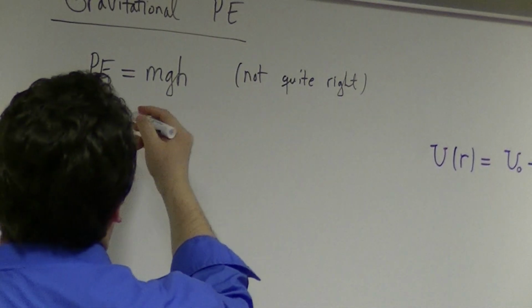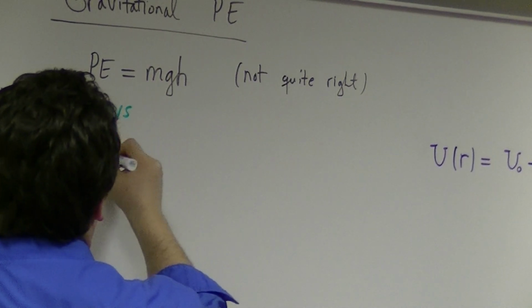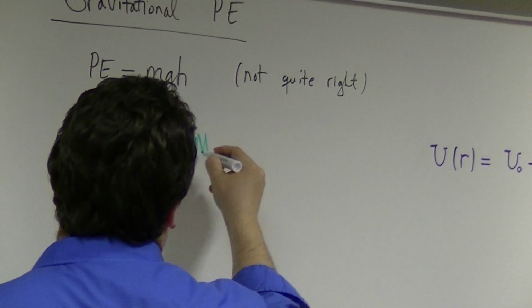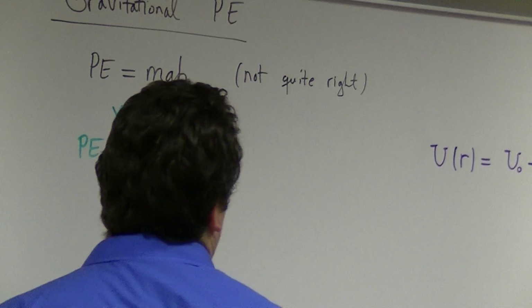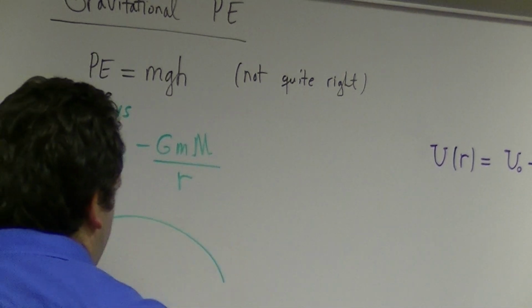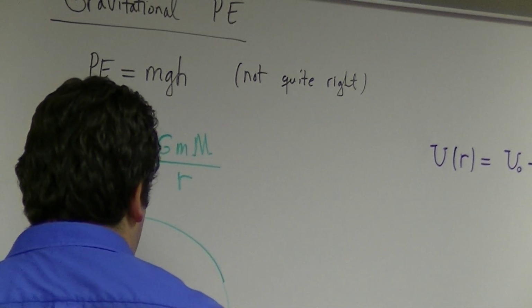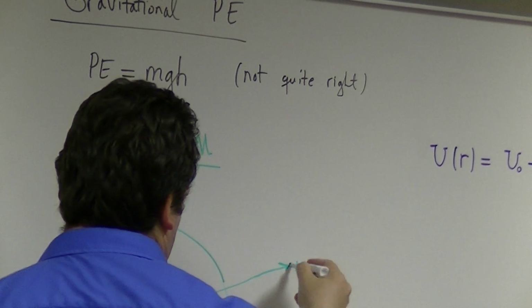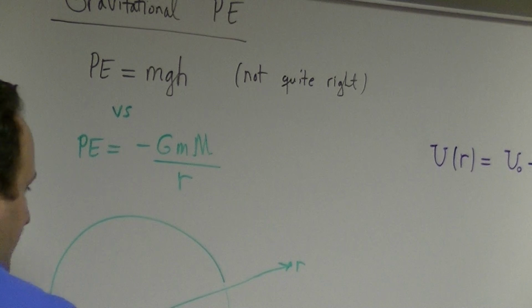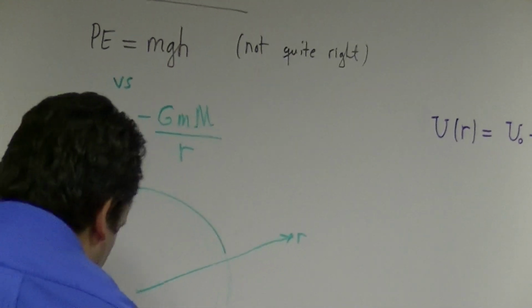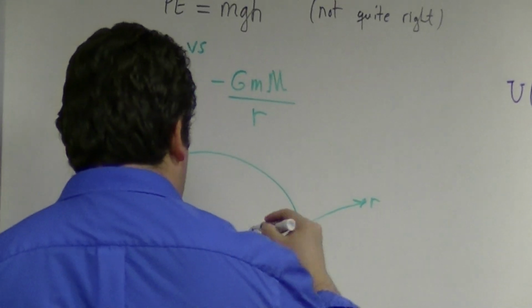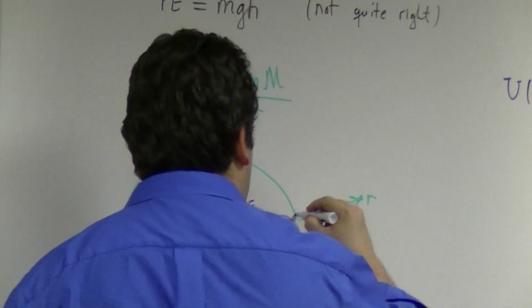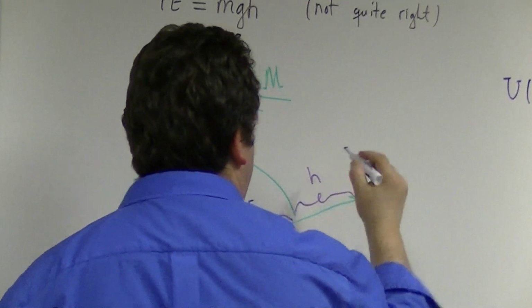So I'm saying versus potential energy equals minus G M big M over R. In order to really understand this, we have to understand what R is. R is this distance. But on the flip side, we can also talk about this, which is the radius of the Earth, and then this, which is what appeared in our earlier formula, h, the altitude.